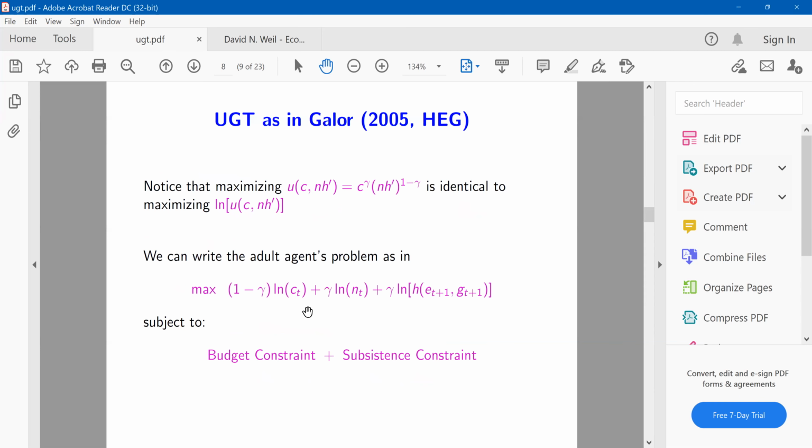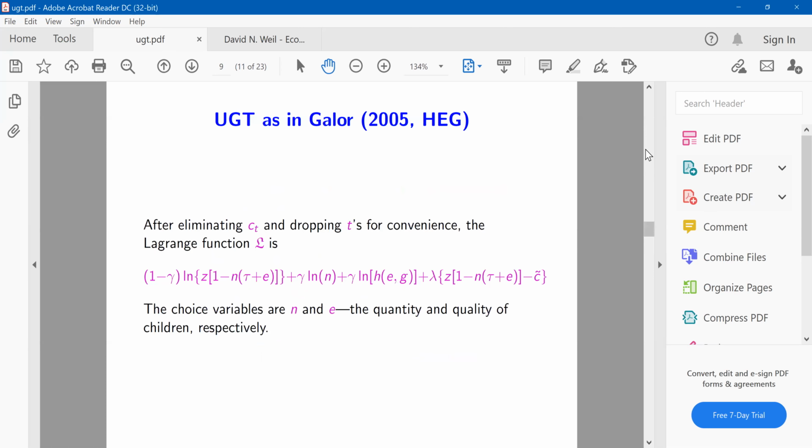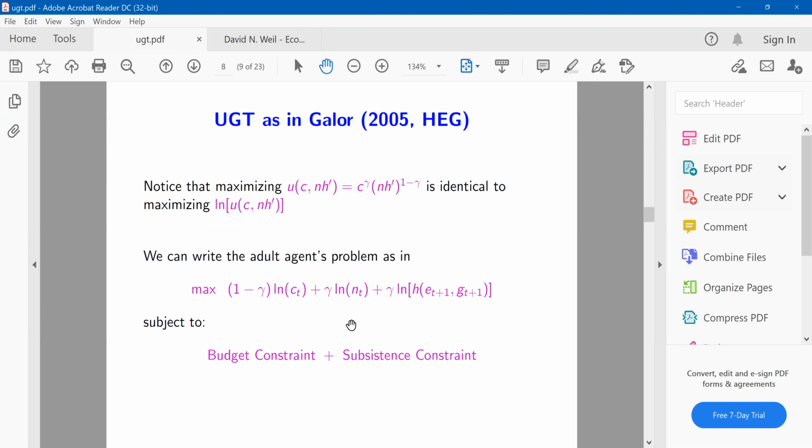The problem is there. We can take the logarithms, obviously, and then we maximize this subject to the budget constraint and subsistence constraint. And of course, without knowing H, you cannot find the explicit solution. But I'm going to show you, you can actually have a particular H that you can work with. Now, the important thing is this. You can actually eliminate consumption from the problem.